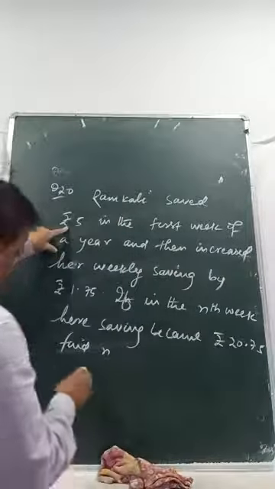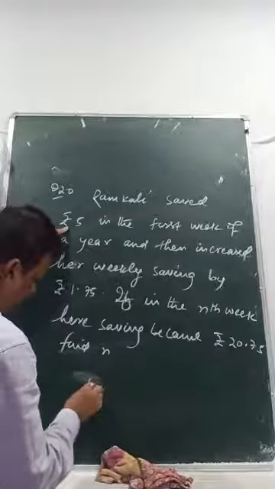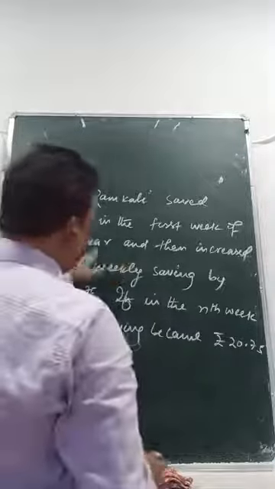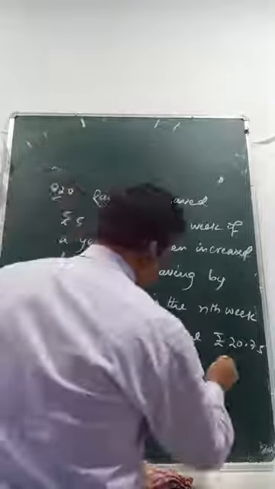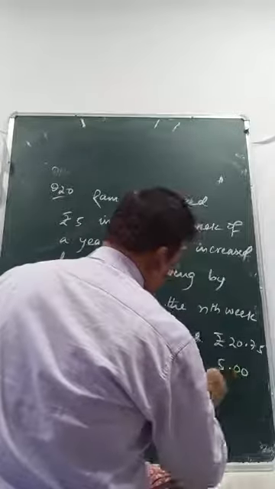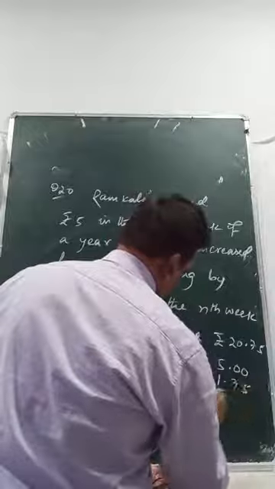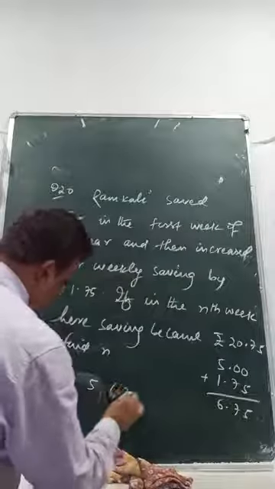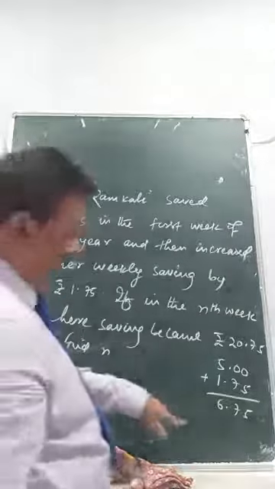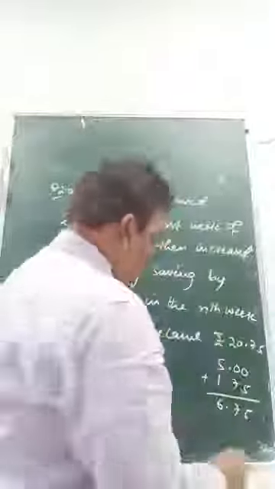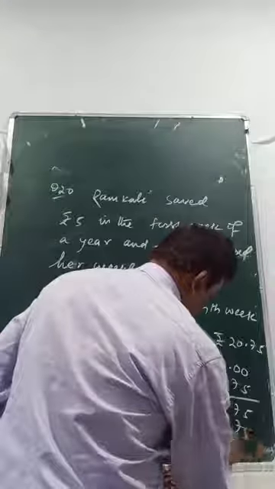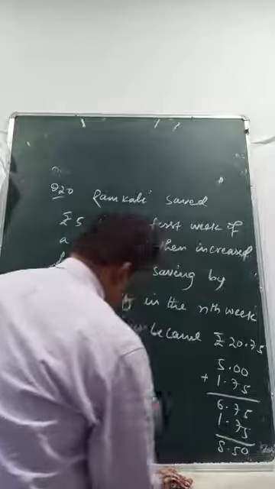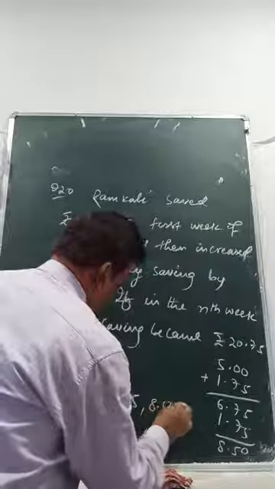Set 5. First week you get rupees 5. Increase by 1.75. 5 rupees plus 1.75 becomes how much? 6.75. So next is 6.75. Next week again it will be increased by 1.75, so 8.50, like this.